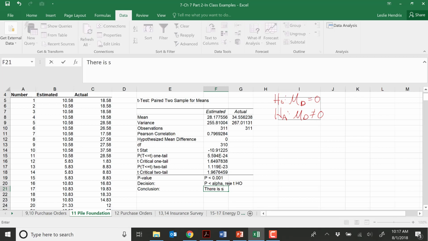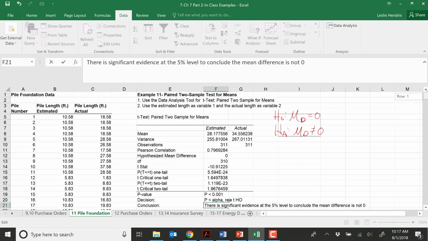If we reject the null, there is significant evidence at the 5% level to conclude the mean difference is not 0. Or that there is a difference in the means of the estimated versus the actual, what was it, pile lengths. All right, and that's that. So we'll jump back to our slides to finish up this chapter.